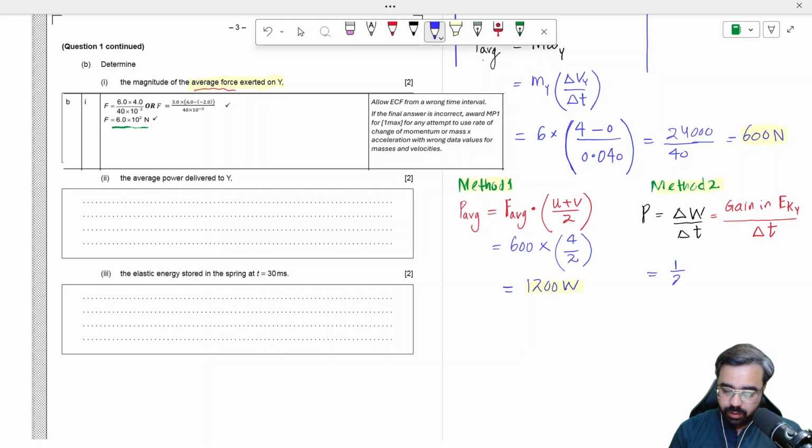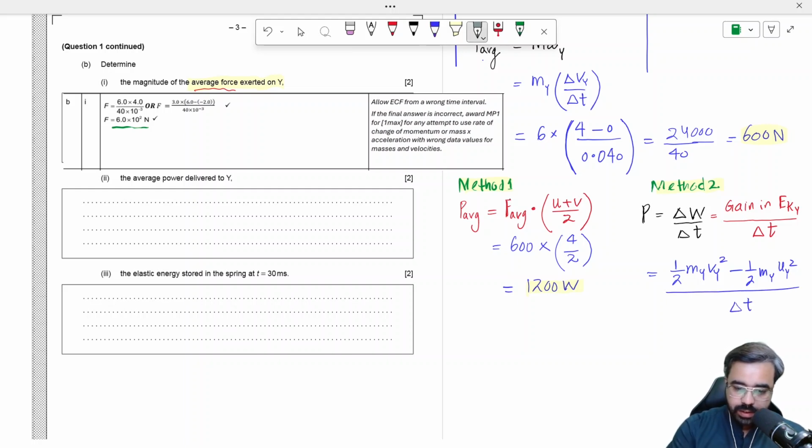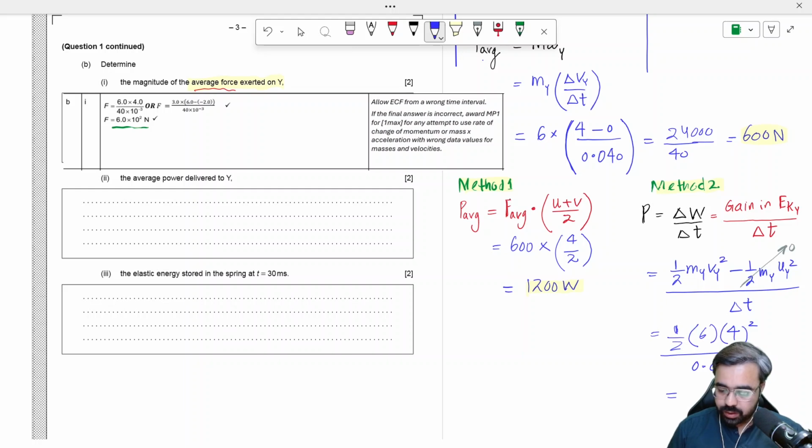So final energy of Y minus initial energy of Y over time taken. Since it was at rest, this energy is 0, and you can plug the values, you will get the same answer. So students, this is the same answer, that is 1200 watt.